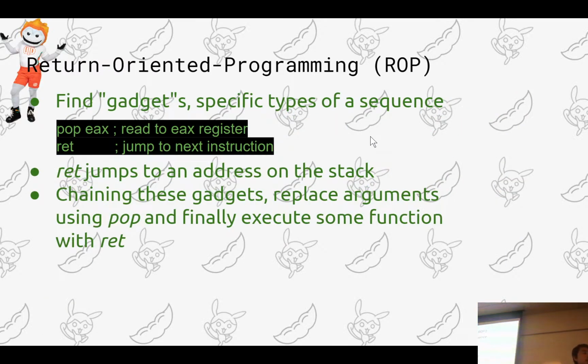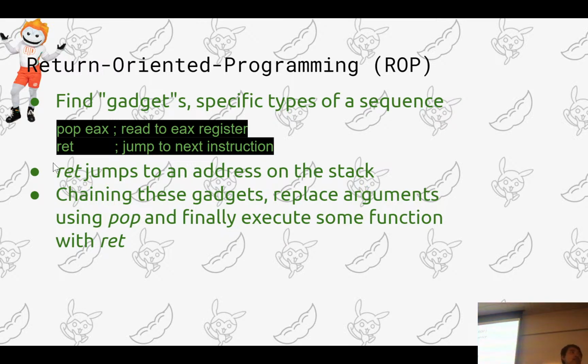And attackers came up with a technique called return-oriented programming. This technique is to find what is called a gadget, a specific type of instruction sequence, like this.